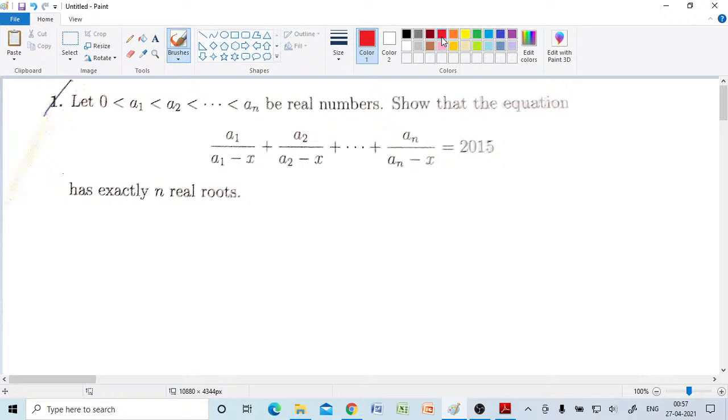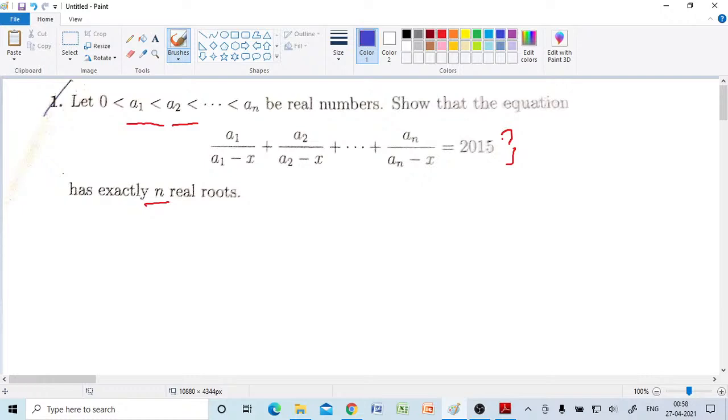So the first question says that we are given a series of real numbers which are given in a particular sequence, and we are given this particular expression, and we need to show that this expression has exactly n real roots. Okay, cool. So what does real roots mean actually?